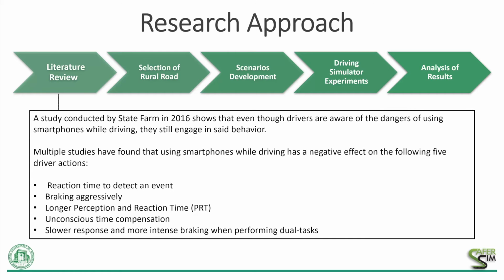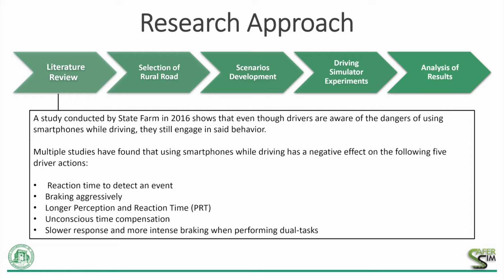Drivers distracted by smartphone conversations take 22% longer to detect an event in their peripheral vision. That's what one study found. Another study found related to braking that drivers distracted by smartphone conversation brake more aggressively compared to non-distracted drivers to reduce initial speed when an unexpected situation appears.